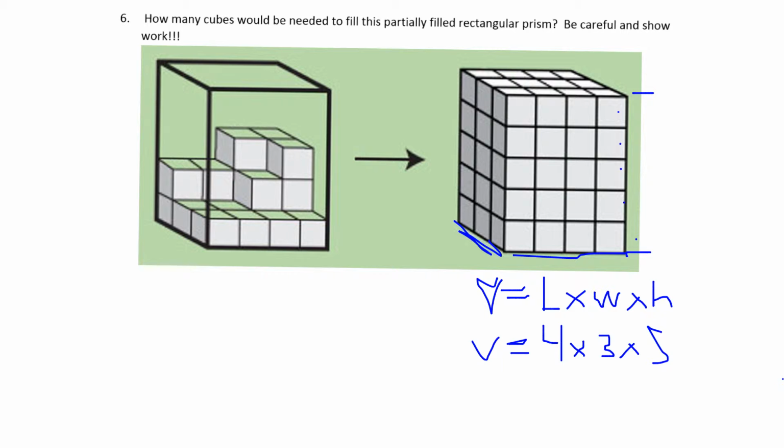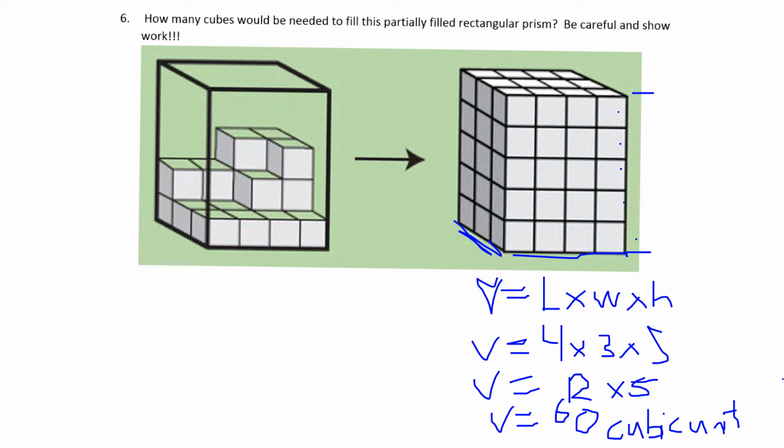Well, 3 times 4 is 12. So now we have 12 times 5, and 5 times 12 is equal to 60. So our volume is equal to 60. That means it takes a total of 60 cubic units to make that rectangular prism.